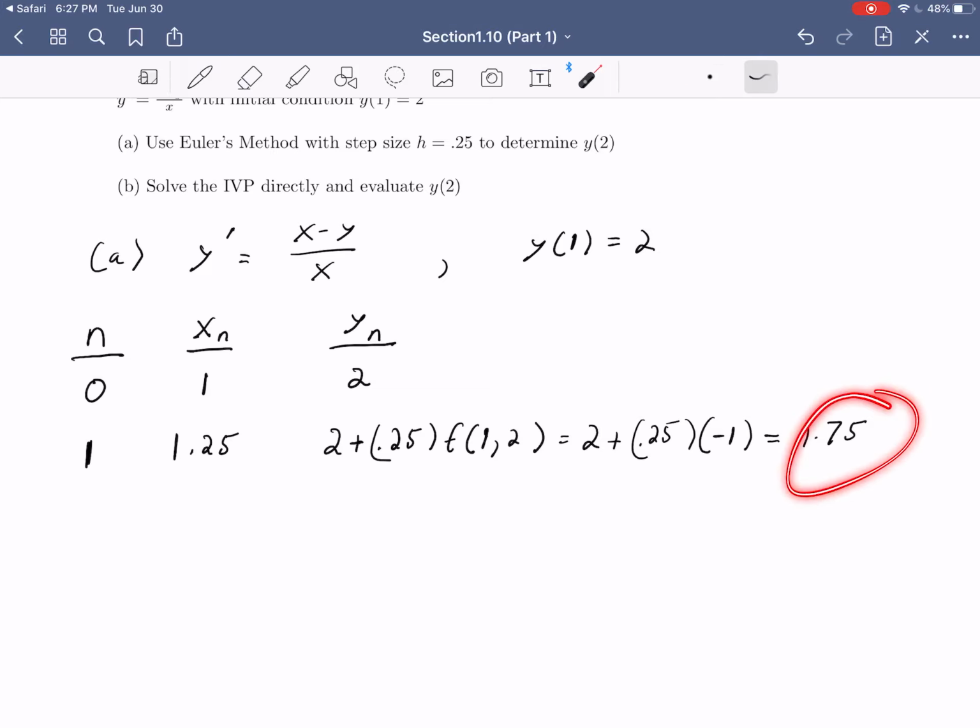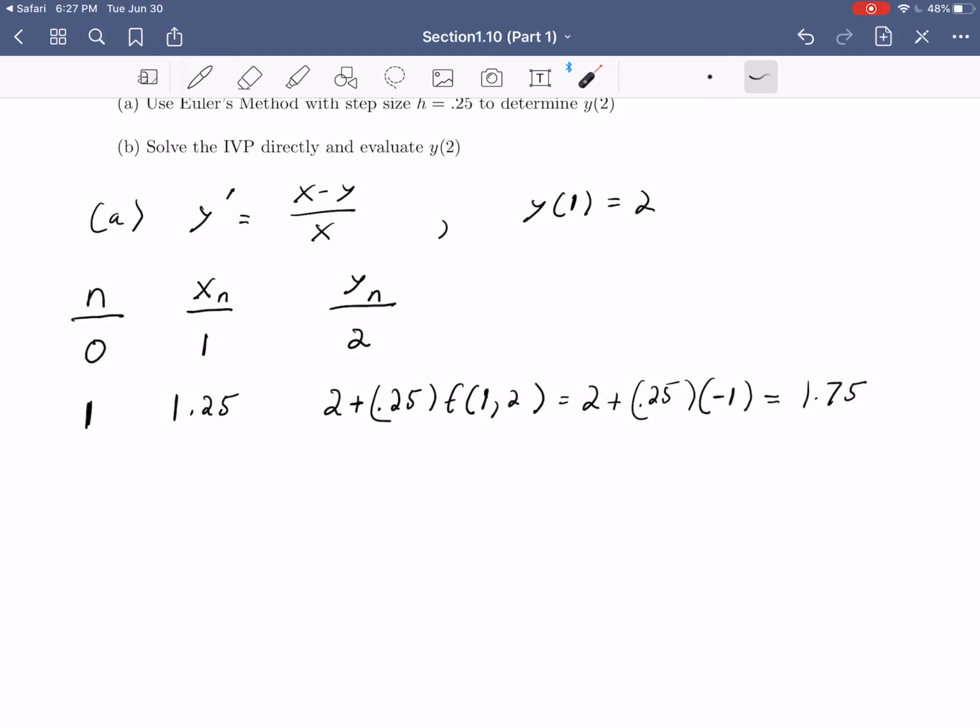I'll probably just keep 2 or 3 decimal places. Again, we're not going to worry too much about significant figures. We're just trying to get the general idea here. So we're saying that if we're looking at the solution curve, which is the solution to this differential equation with this initial condition, we expect that at 1.25, it goes through about 1.75.